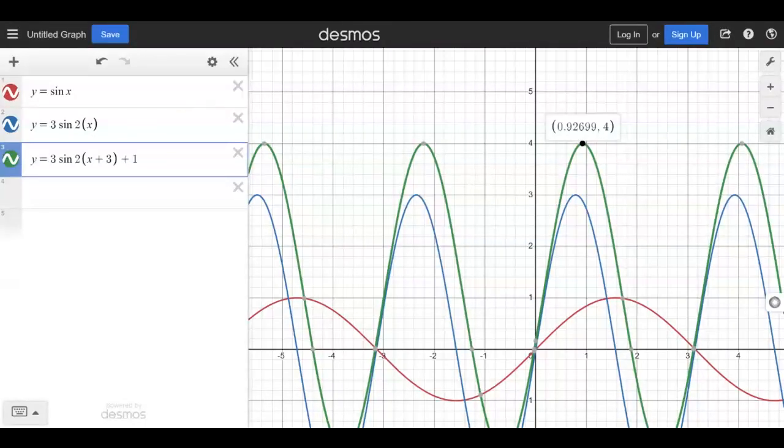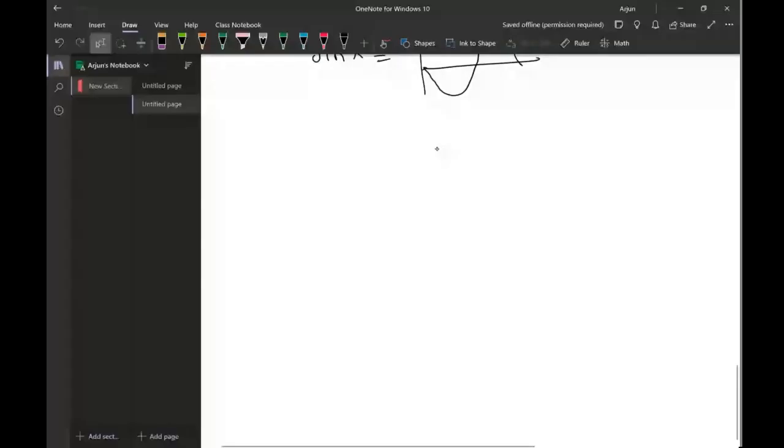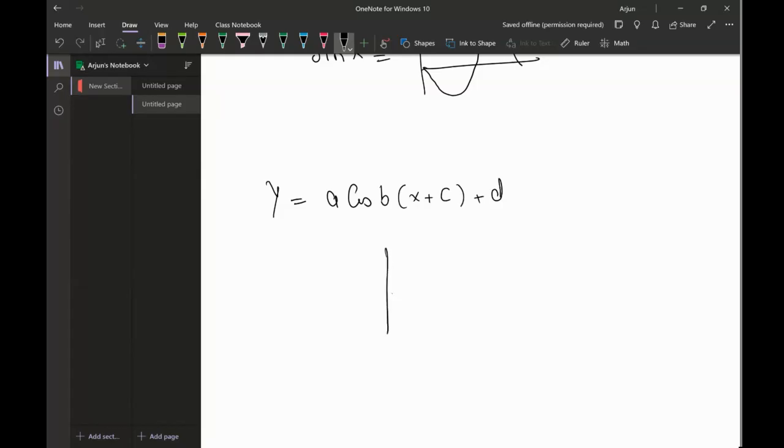So the equation, if I go back and change the computer screen, share the application screen. This is the notebook that we are doing the question on. So y equals a cos of bx plus c, plus d. Again, the period starts from 1.